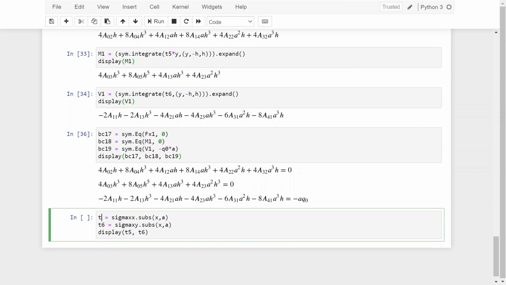So we start from T7 and T8. So sigma xx now has to be substituted with x equal to minus a, similarly for sigma xy, and now we want to display this as T7 and T8.